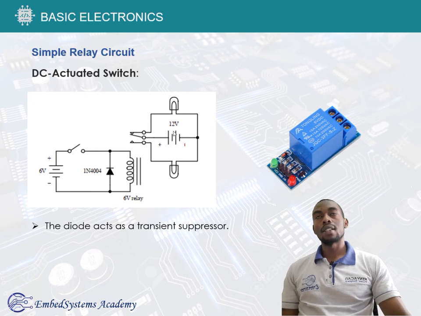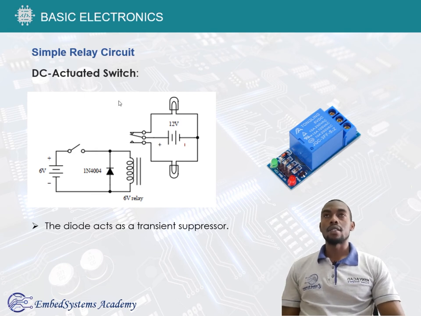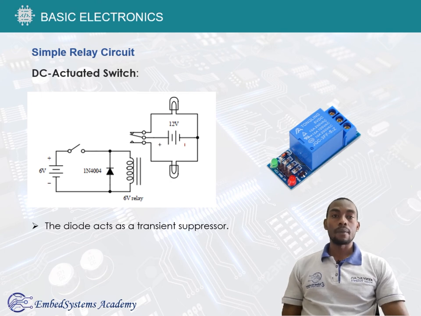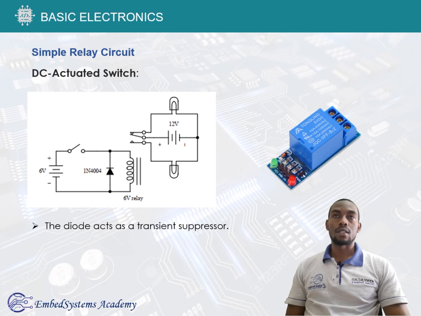So a simple relay circuit is like this one. It's actually a DC actuated switch, where in a relay circuit we have two circuits: the actuating circuit and the load circuit. And so this control circuit actually controls the load circuit.